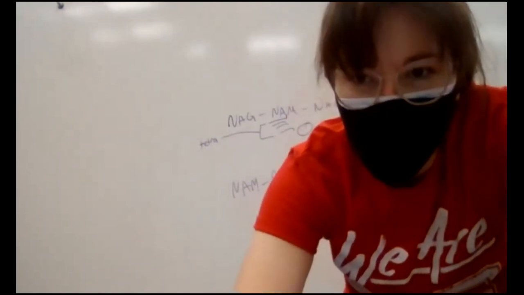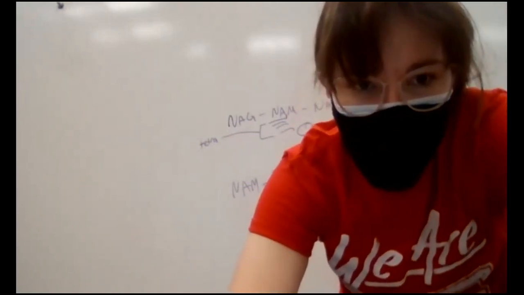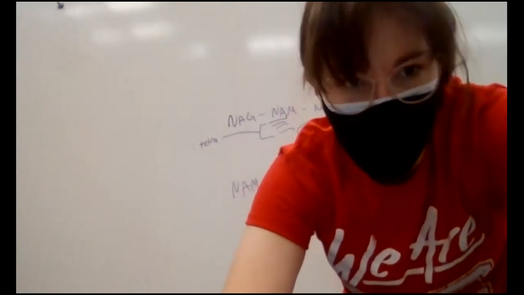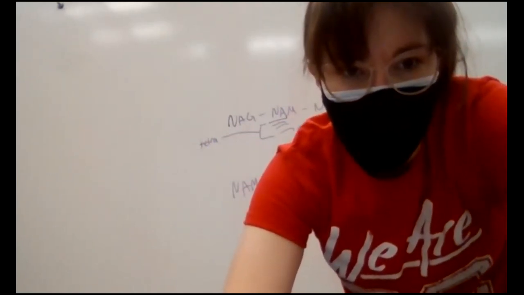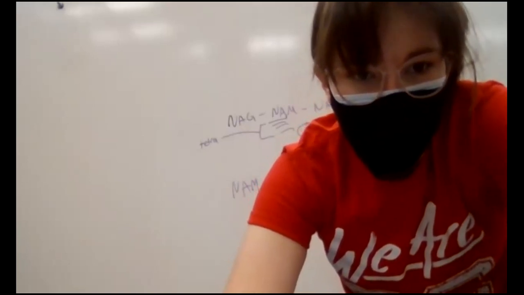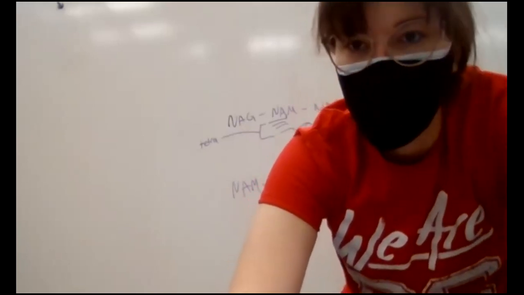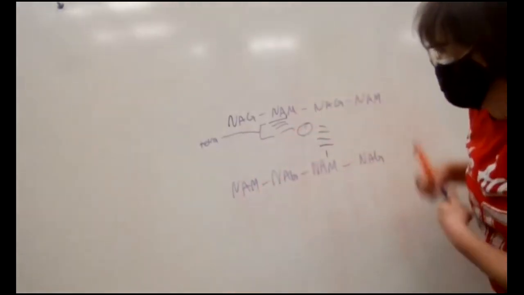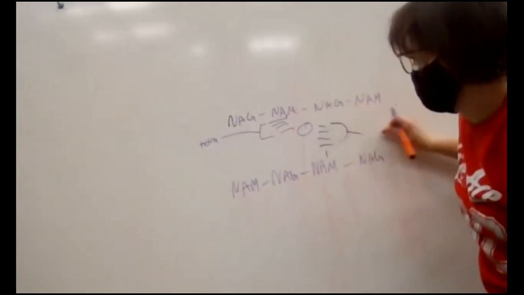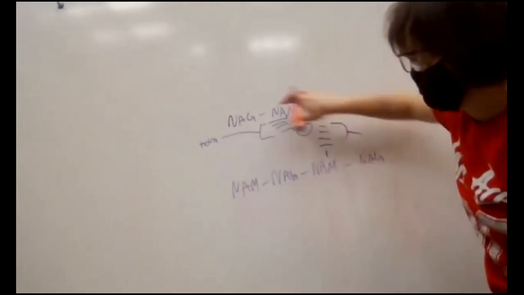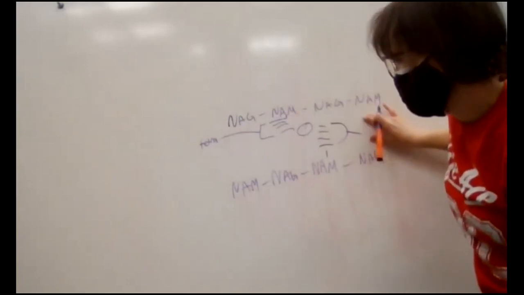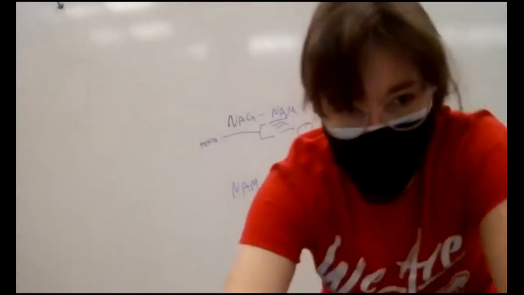Let me go ahead and pull up the, there we go. It's loading right now, but these are going to be the same. You don't really need to know exactly what they are, but know that they are alternating. It's going to have the 4 right here and then a peptide cross link.